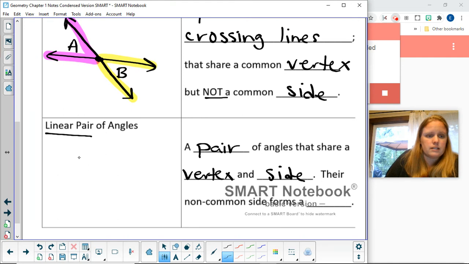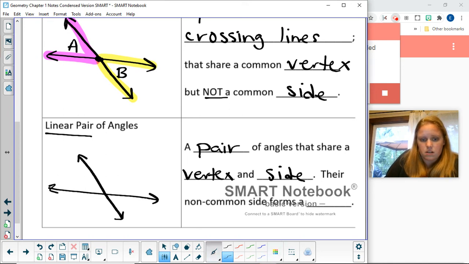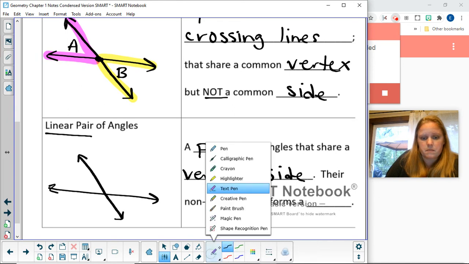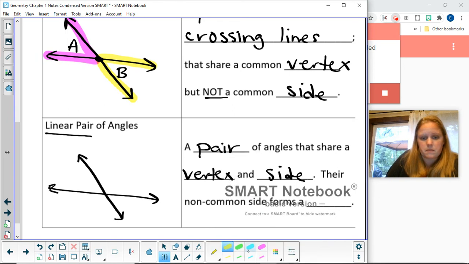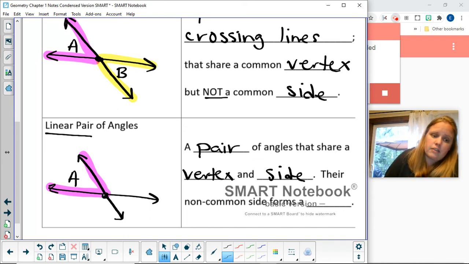So if I draw that same picture, and let's highlight that same pink angle here. Call that angle A again. I want the angle that's going to touch, again, at that vertex, but also overlap one of these pink sides.